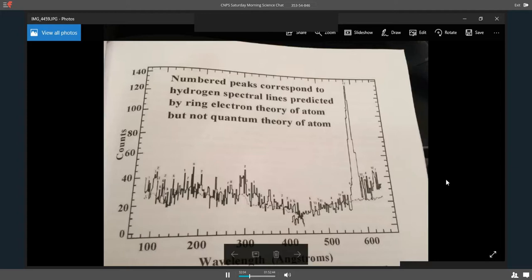The laws of electrodynamics say that whenever you accelerate a charged particle, it has to radiate energy continuously. So the people who are doing the theory of the atom are ignoring the experimental results and the laws of electrodynamics when they make a theory of the atom where the electron orbits the nucleus.